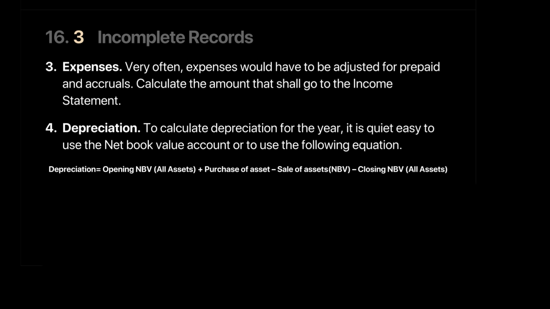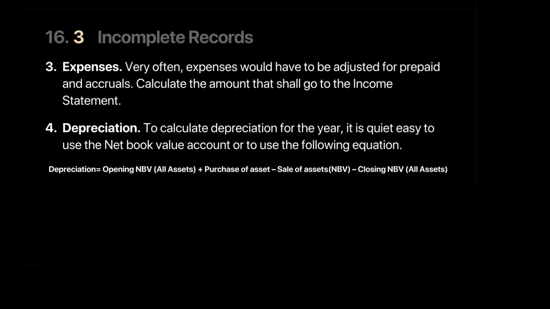So we can use this equation. When we start the year with our opening net book value of assets, any asset purchased will be added to it, any asset sold will be subtracted from it, everything at the net book value. And using the closing net book value, we can calculate our depreciation expense.